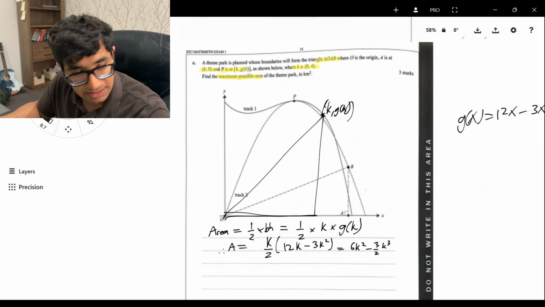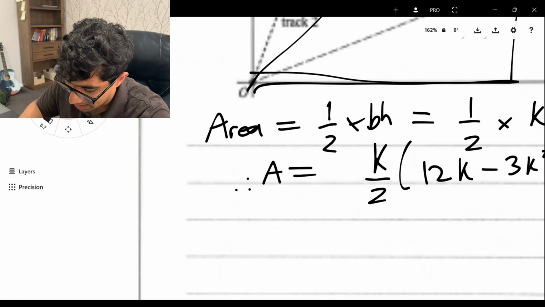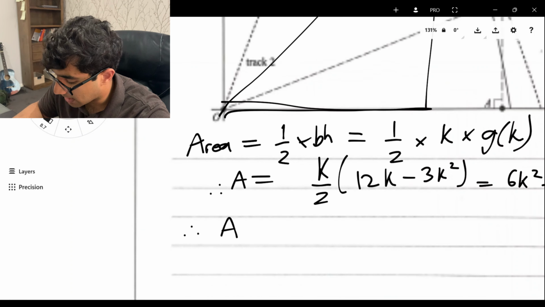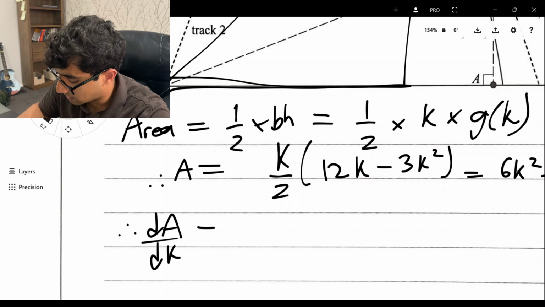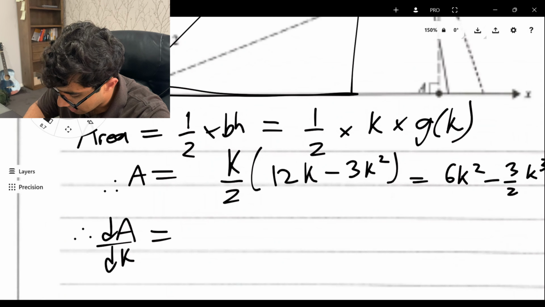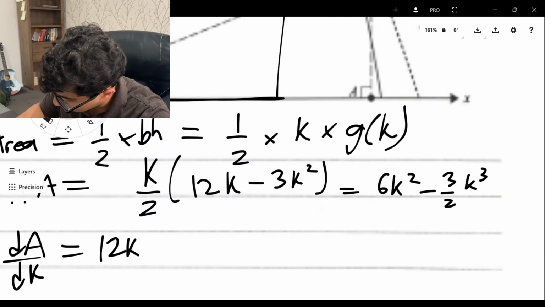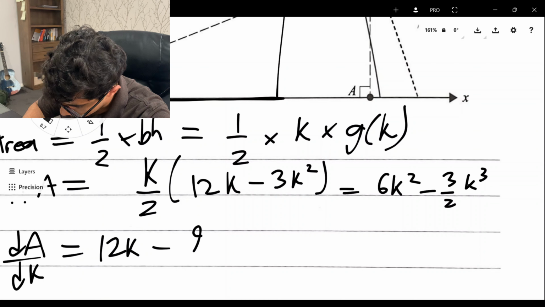So now we want to find when it's the maximum. As per usual, we're going to take the derivative and then solve for when it's equal to 0. That's going to give us 12k minus 9k squared over 2.